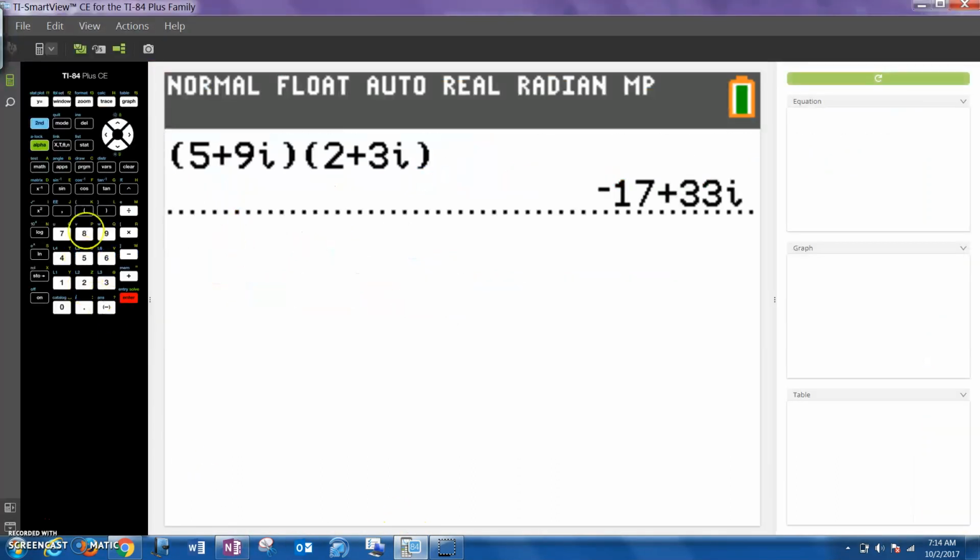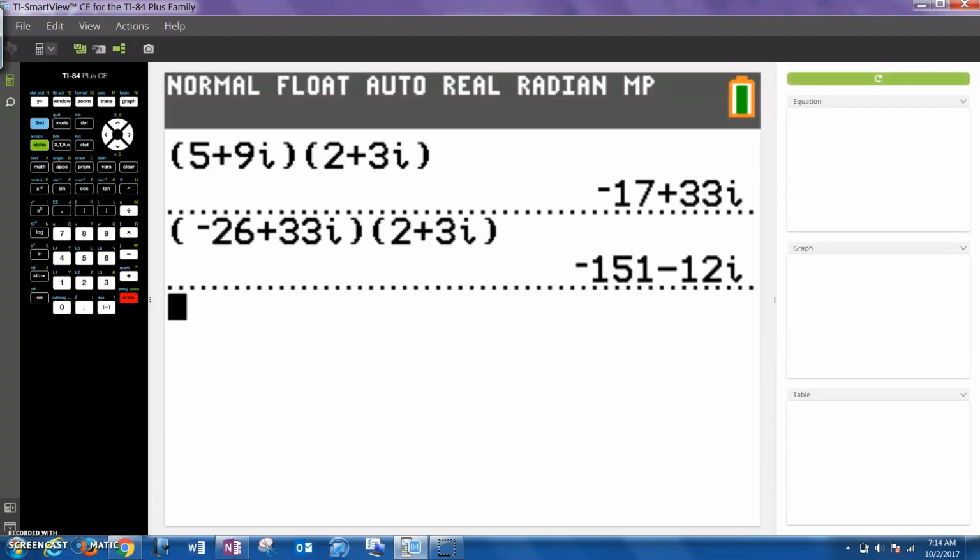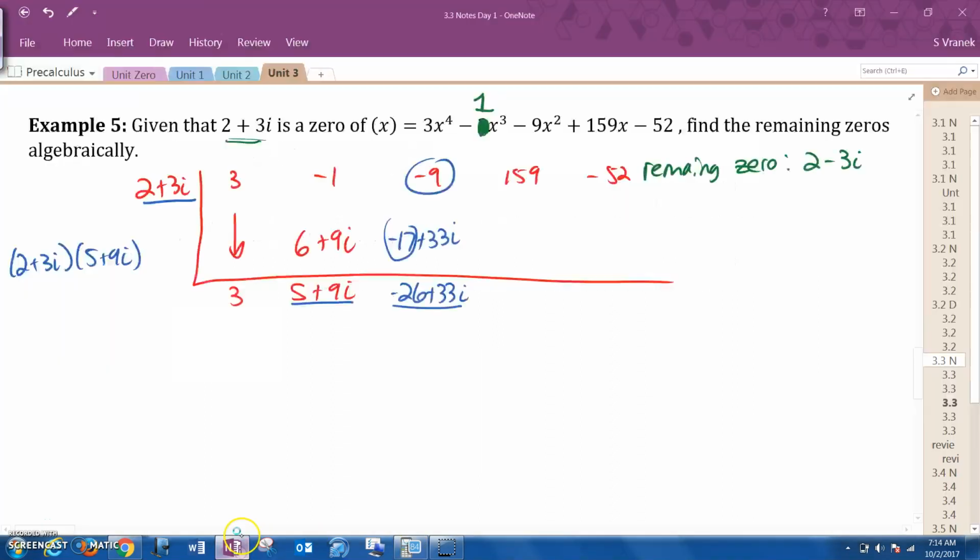So negative 26 plus 33 second dot, times 2 plus 3i. And we hit enter. We get negative 151 minus 12i. When you add those together, you get an 8 minus 12i.